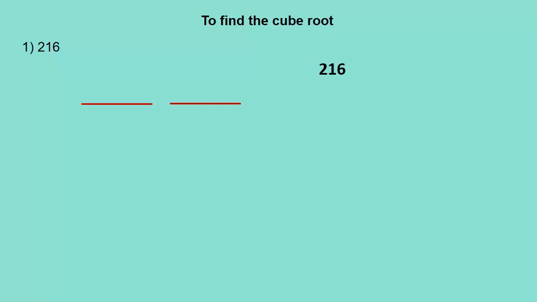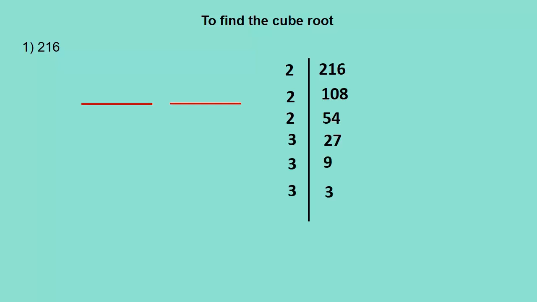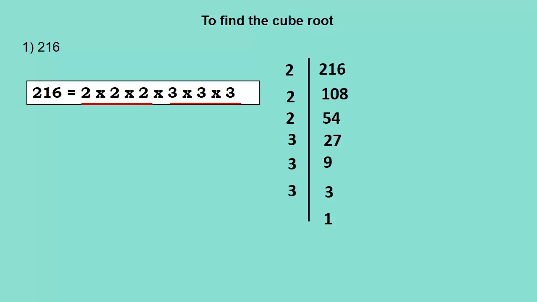If you don't know, we'll go for the prime factor. Right number, vertical line. Even number, so divide by 2. Keep dividing till you get the same number. Now we are getting odd number 27. We'll start with 3. 3 9s are, 3 1s are. Okay. So here it is 2 into 2 into 2, 3 into 3 into 3.